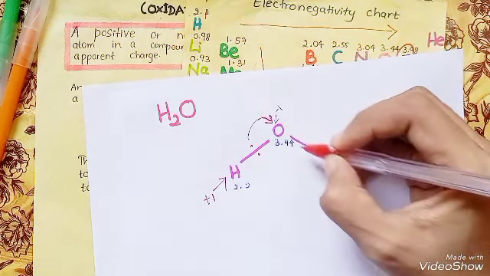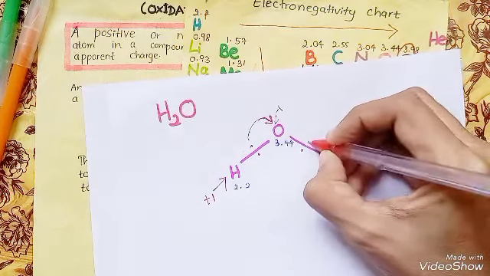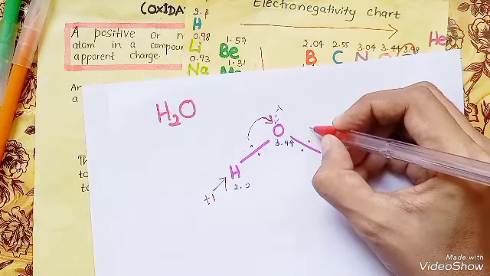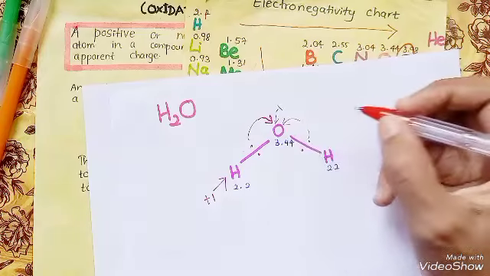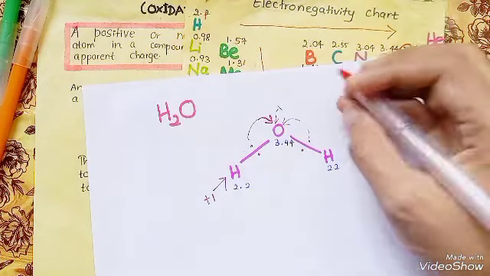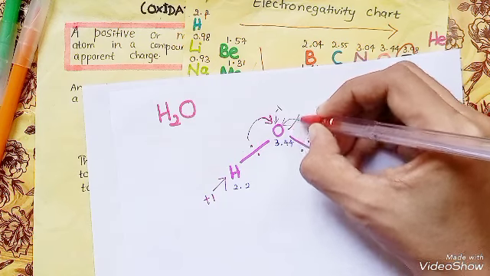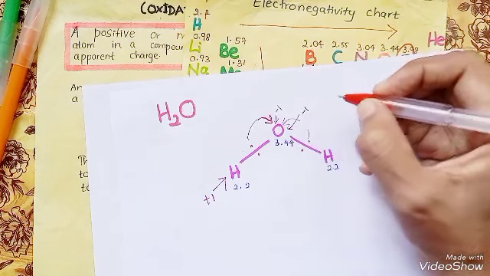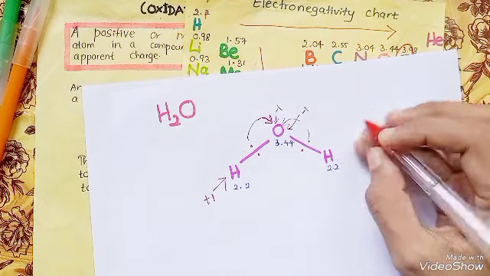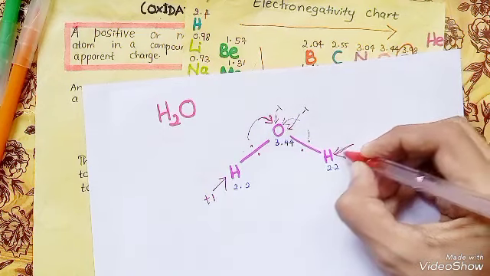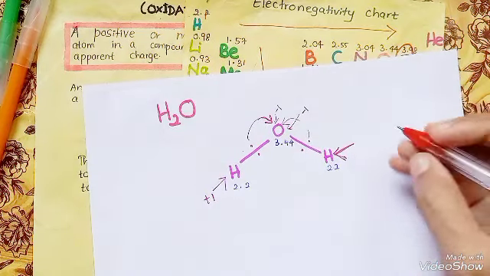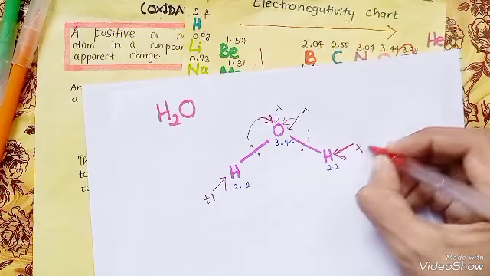Oxygen has the higher electronegative value, so oxygen can attract the electron pair towards itself. Therefore, oxygen has one extra electron, and hydrogen has lost its electron. Therefore, the oxidation state is +1.